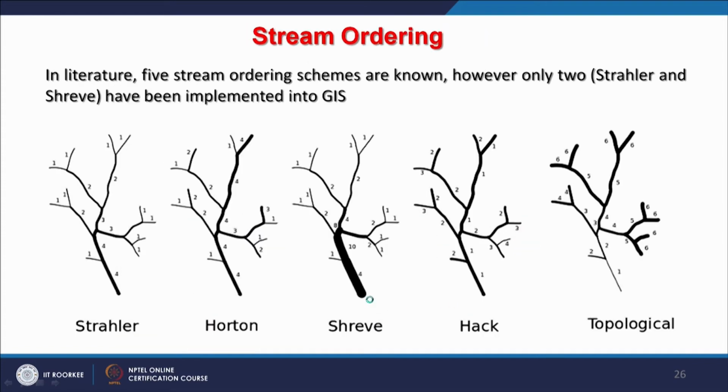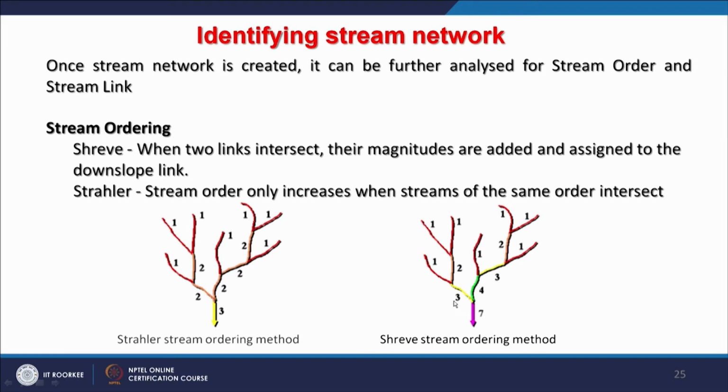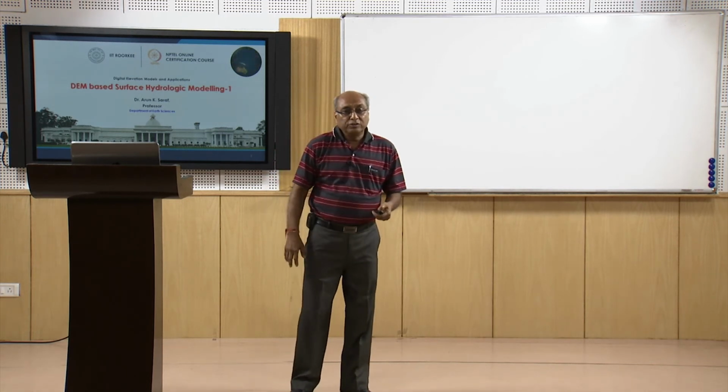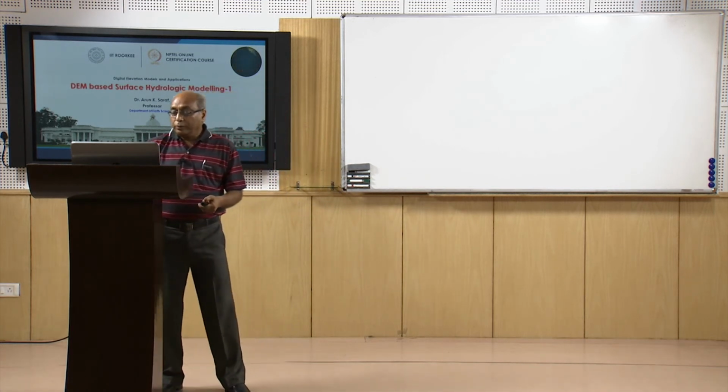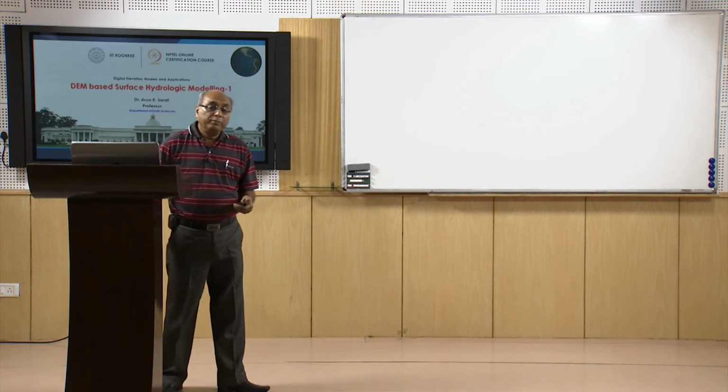So in Shreve ordering, we see a 7th order at the outlet, whereas in Strahler it is just 3rd order, though the drainage network is the same, because of two different ways of ordering streams. Both options have been implemented in popular GIS software. Depending on our requirement we can choose, but Strahler is very easily understandable, and it is therefore very popular.